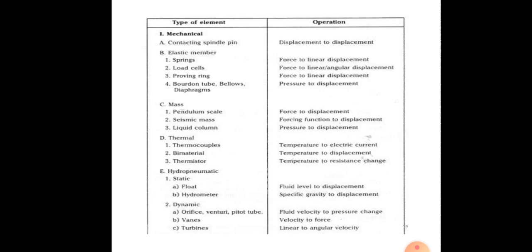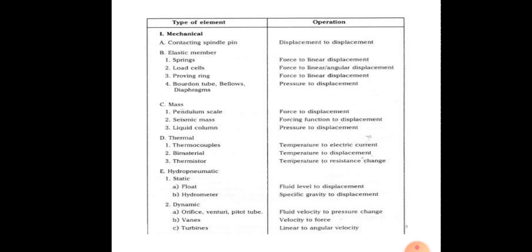The elastic members are springs, load cell, proving rings, Bourdon tube, diaphragms. What are their operations? It is mentioned in your PPT. However, we are going to study these elements one by one in detail.